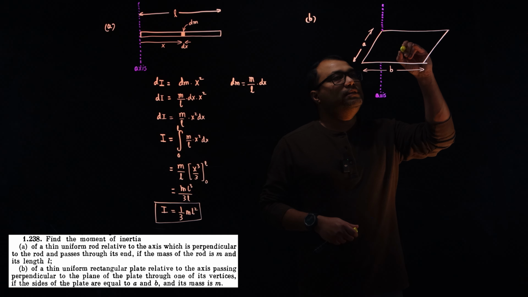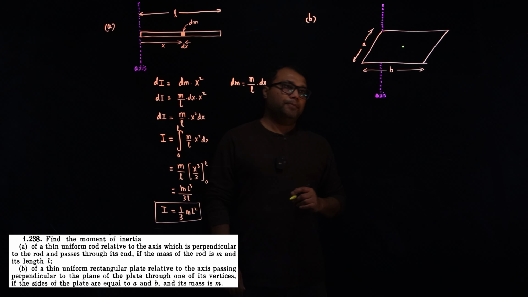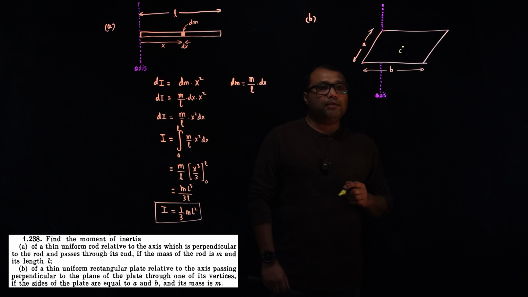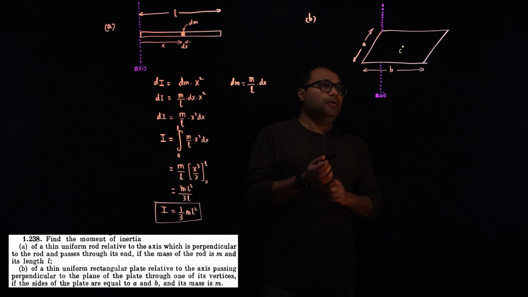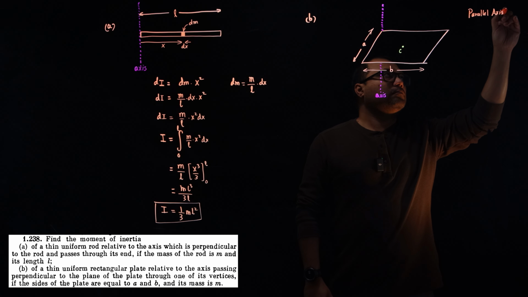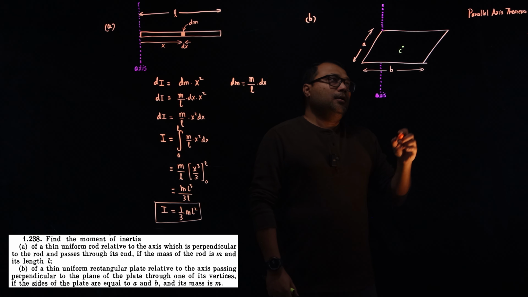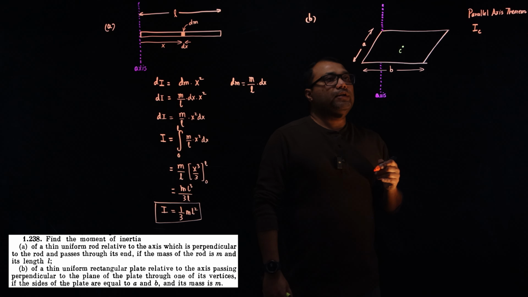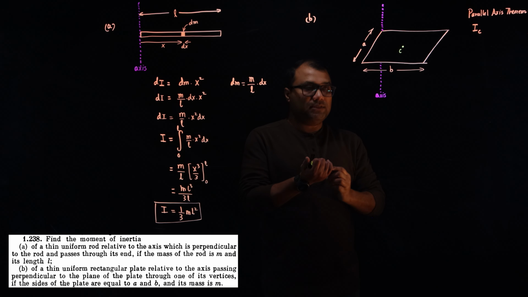We know this would be our center of mass of this laminar plate. Why am I interested in the center of mass is I want to use the parallel axis theorem, and the parallel axis theorem says if we know the moment of inertia about an axis that passes through the center of mass.